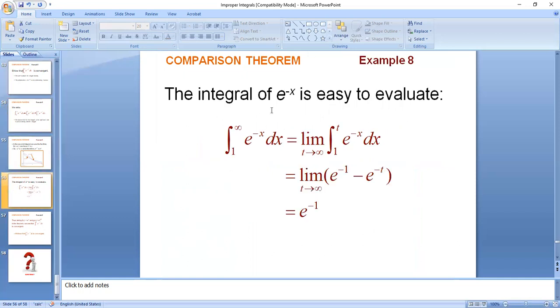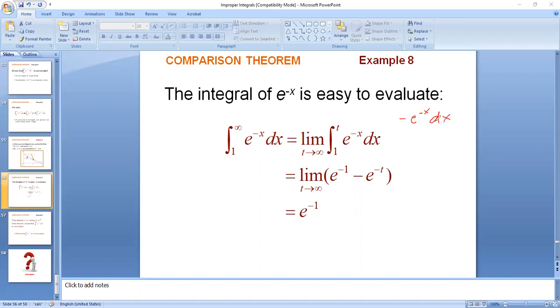So the integral of e raised to minus x is easy to evaluate. If you're going to integrate e raised to minus x from 1 to infinity, that would be the limit of the integral of e raised to minus x from 1 to t. We change the t to infinity. Now you have the limit of the answer for this integral, which is negative e raised to minus x dx.